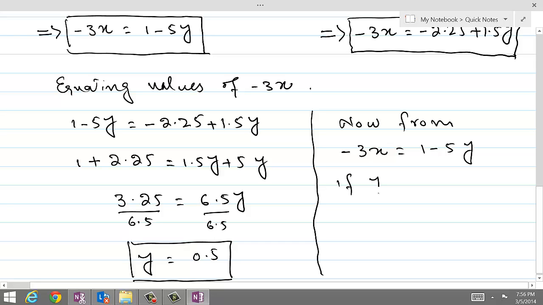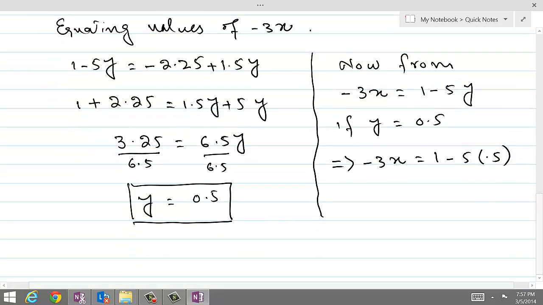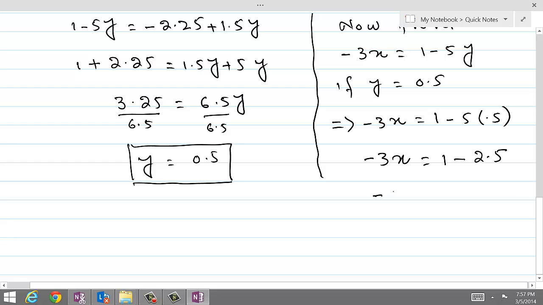If y is equal to 0.5, then minus 3x is equal to 1 minus 5 times 0.5, which is 2.5. So minus 3x is equal to minus 1.5, and if we divide by minus 3 on both sides, x is equal to 0.5 as well.